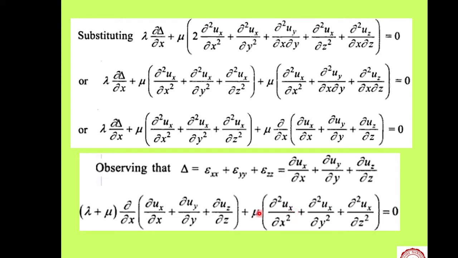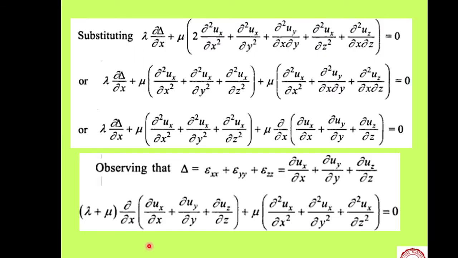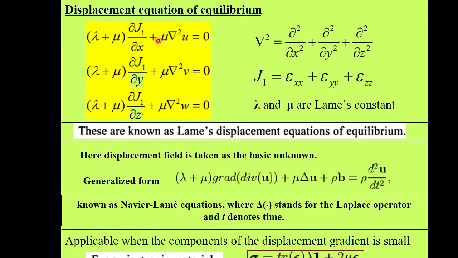This is known as the displacement equation of equilibrium. This is clear. And in tensor notation, they are expressed like this. Because delta and J1 are the same thing, the first invariant of strain, right? Okay, this is clear.